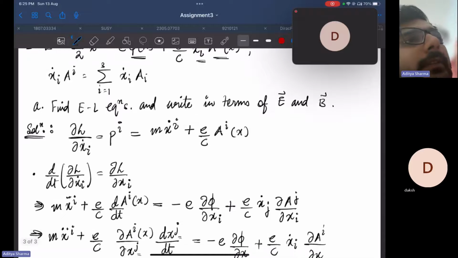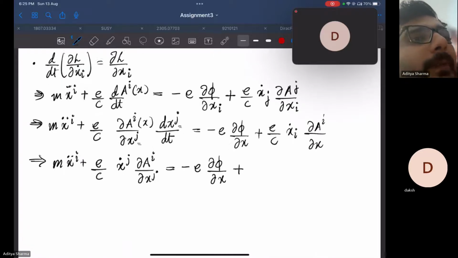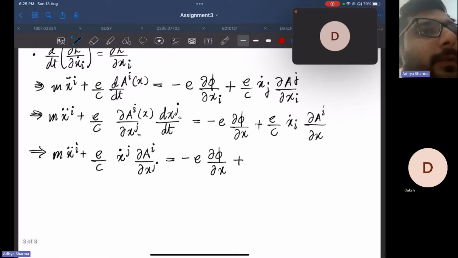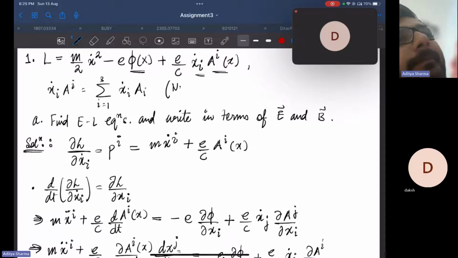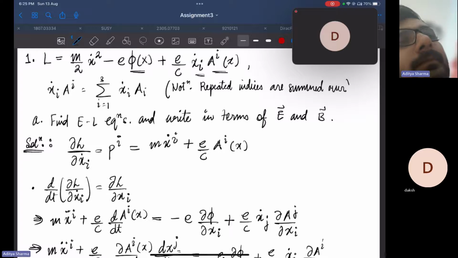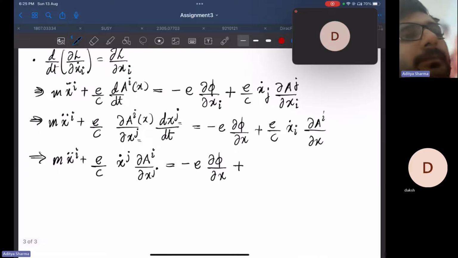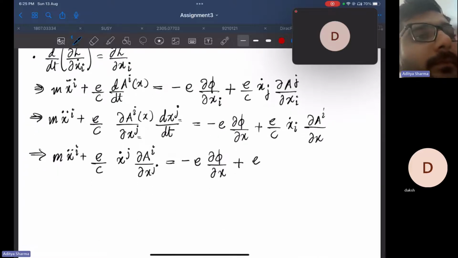That is our notation, that repeated indices are summed over. I'll write here the notation. Let me just change this.